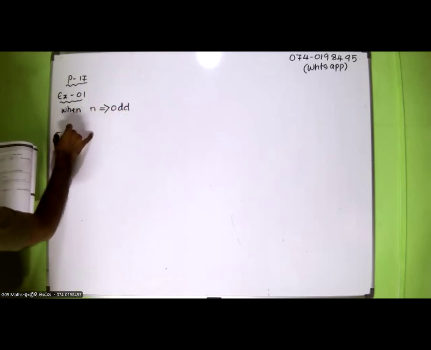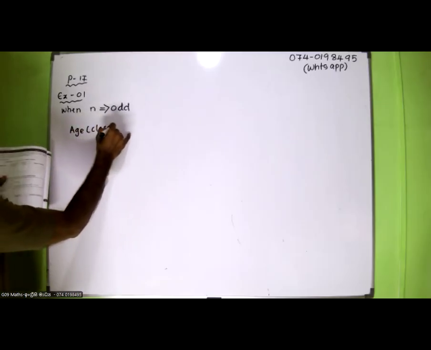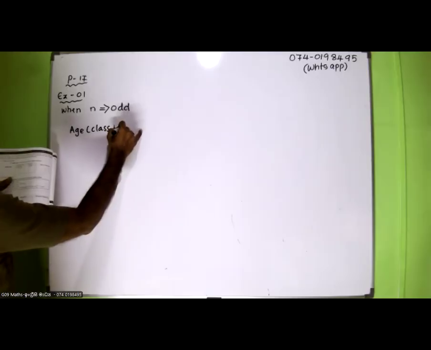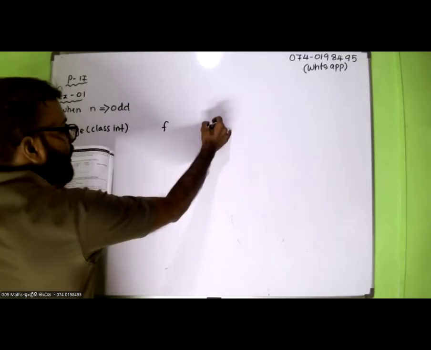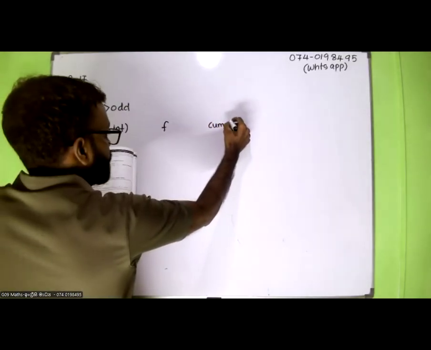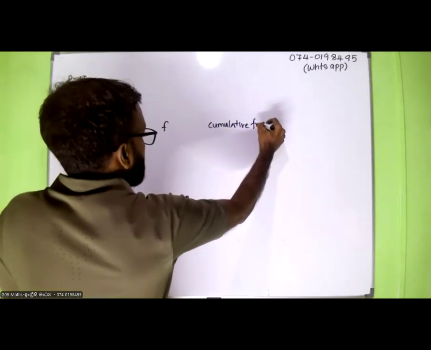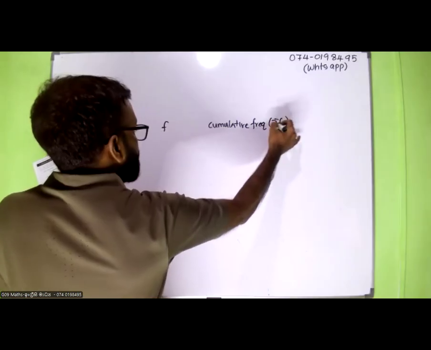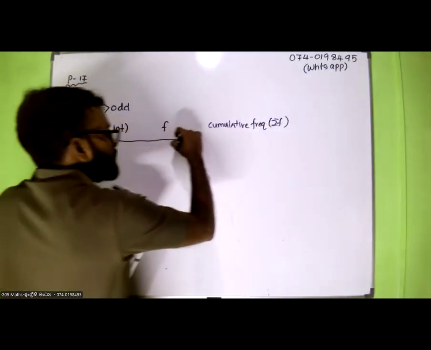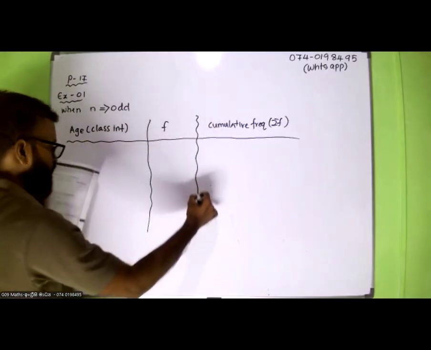Now here we have something like this. h is the class interval that we have given, and the frequency and the cumulative frequency, which is sigma f. So this is the header, and this is my table.